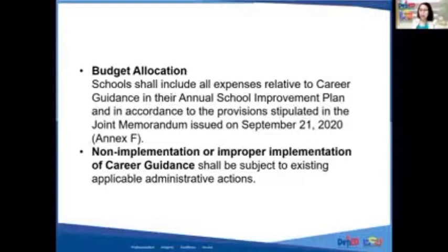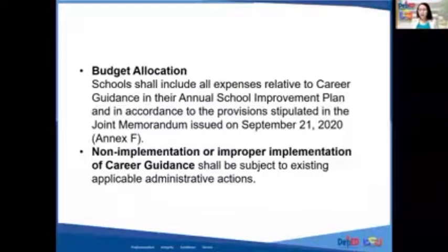Lalong-lalo na yung nasa mga malalayong lugar, no, na hindi talaga nakakapag-internet or baka may difficulty talaga pagdating dito sa pagpapasa ng mga soft file o itong mga sinasabi natin. And kaya dito, sa non-implementation or improper implementation, ang kailangan lang natin is the documentation, how and ano yung nangyari, ano yung current situation doon sa specific school na yon or sa division na yon, or ano yung technical assistance na kinakailangan, no?